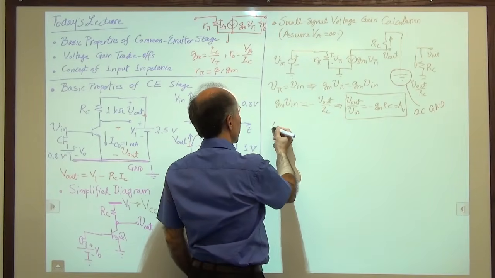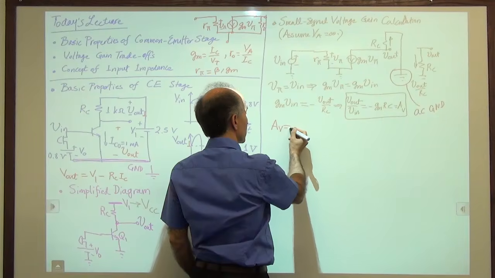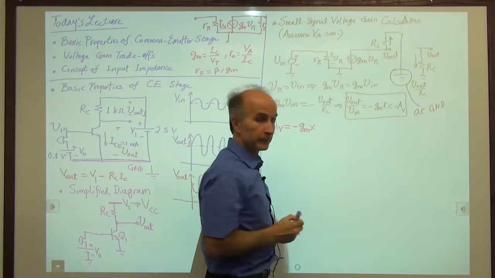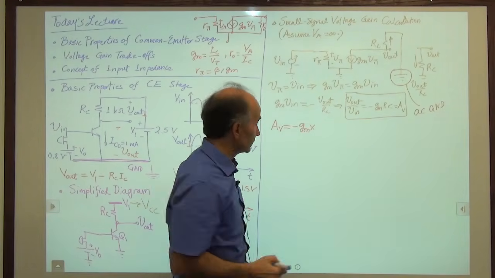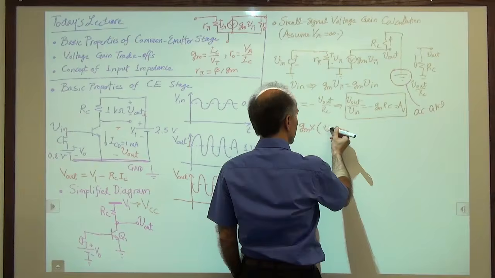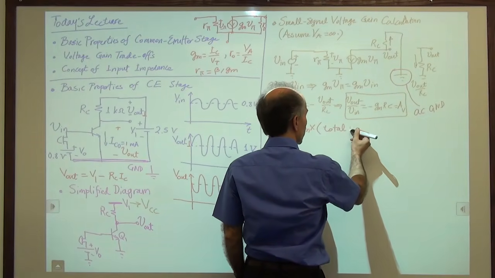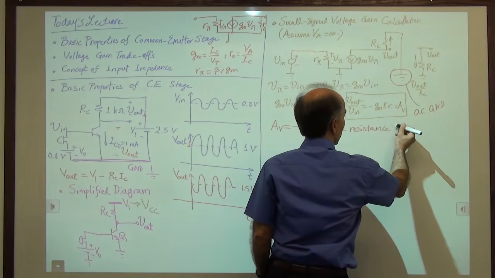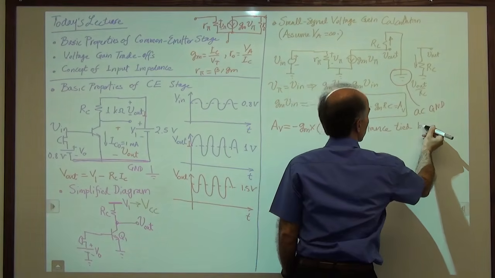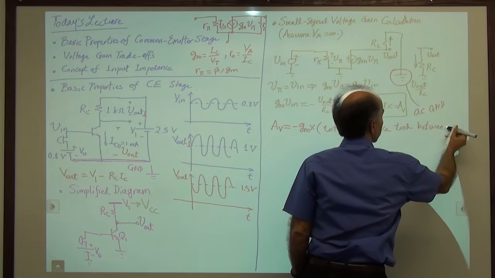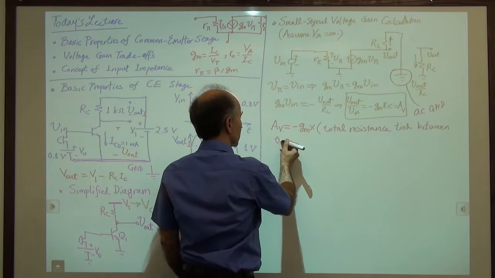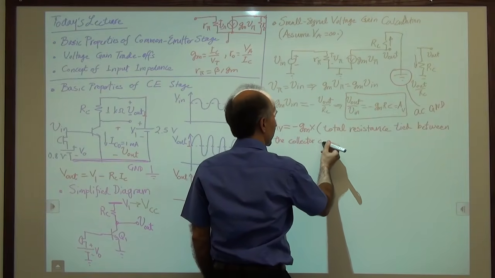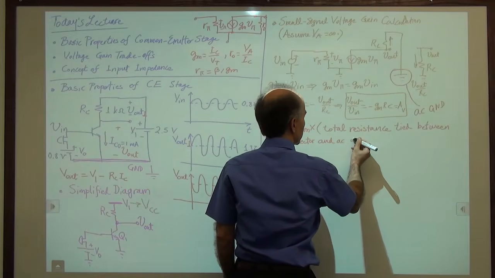We'll say that the voltage gain of a common emitter stage is equal to minus gm times gm, transconductance of device, times the total resistance tied between the collector and AC ground.